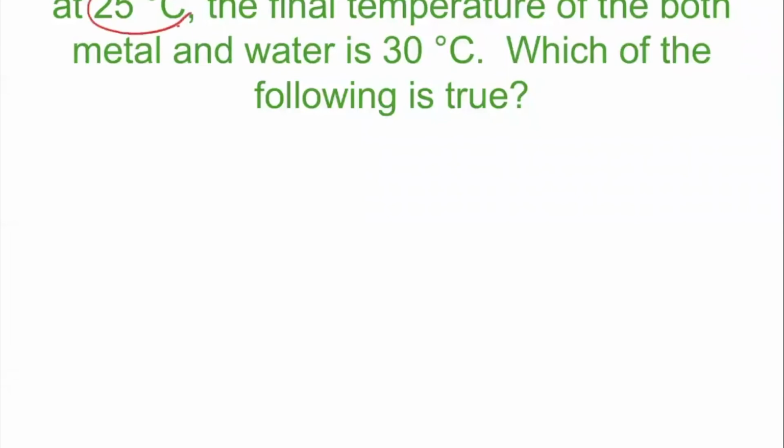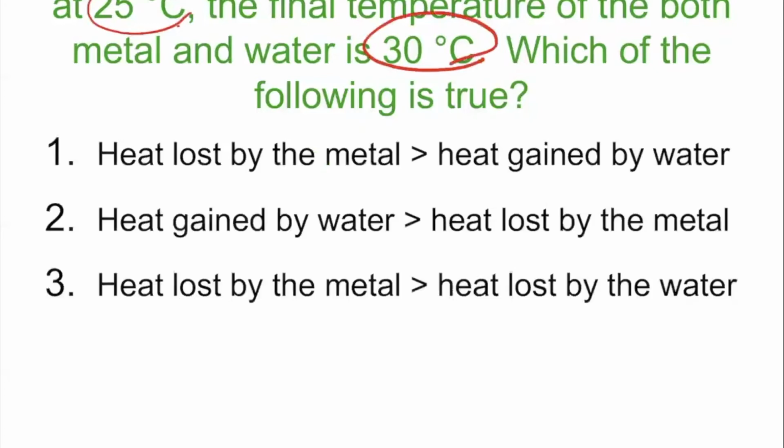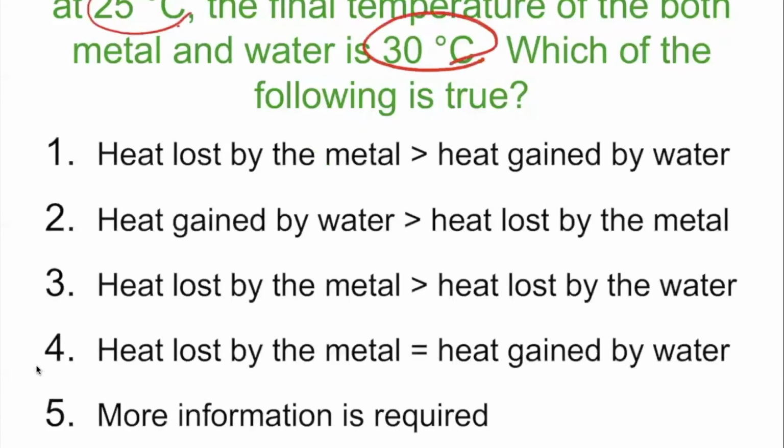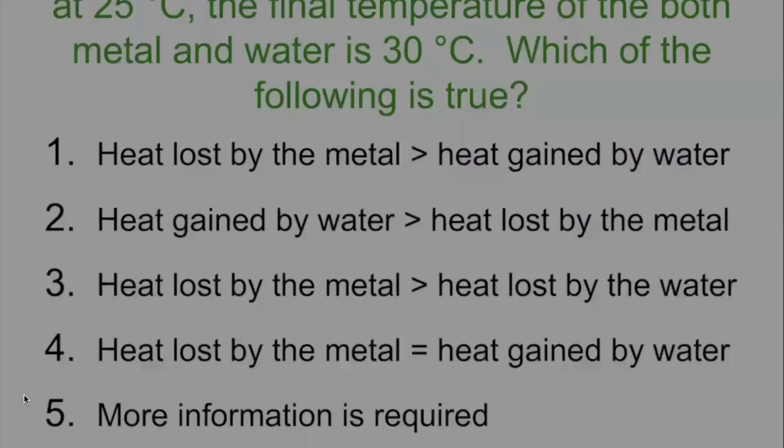The final temperature will always be the same for the metal and the water. So based on that, which of the following statements is true? Your answer should be 4.